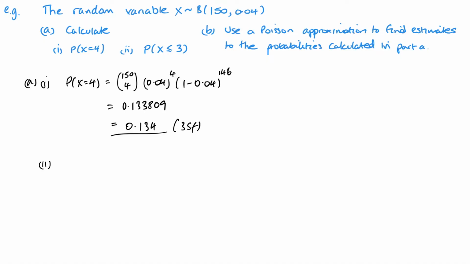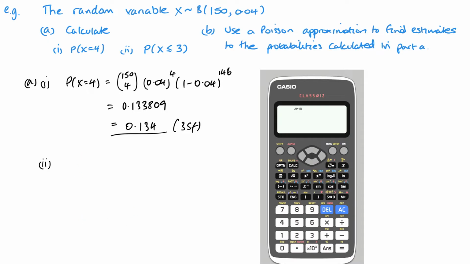Now, part 2, we can see here we've got a less than or equal to, but we're not going to be able to use our tables for this, so I'm just going to put this straight into my calculator. First we want to go into menu, then number 7.